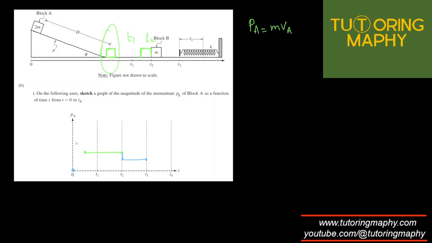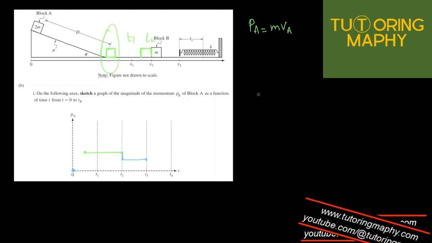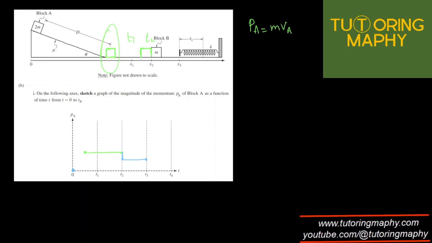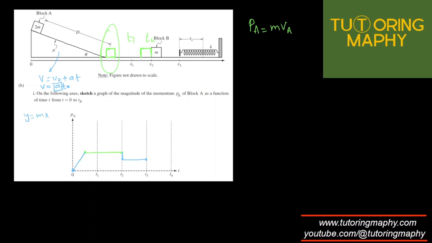The way I see it, we can use the equation of motion here. The velocity v is equal to v naught plus at, and v naught is anyway 0, so it's at. There is an acceleration, whatever it is, it's a constant. So it's linearly dependent on time. v equal to at is like y equal to mx, so it's going to increase in a straight line fashion in this way, right?